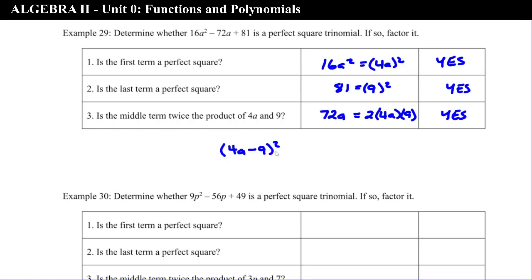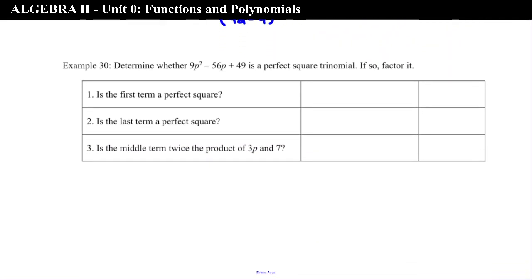And that is the factorization of the original polynomial. All right, let's do one last example to wrap up this section. Example 30. Determine whether 9p squared minus 56p plus 49 is a perfect square trinomial. And if so, let's factor it.